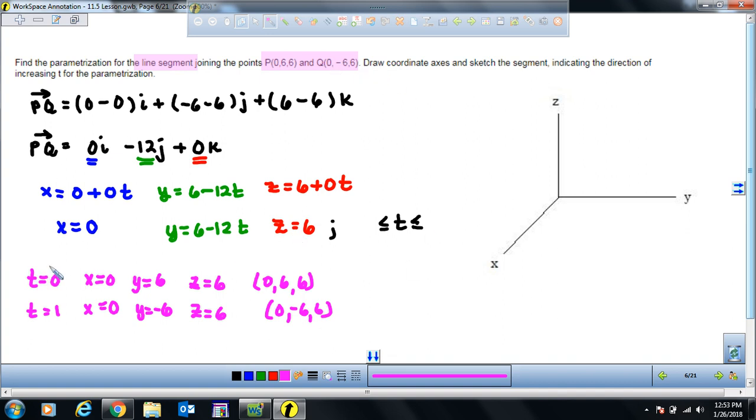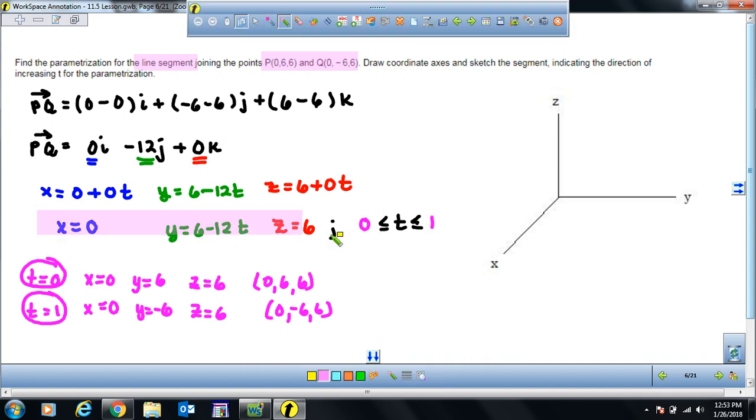That means the values of the parameter t that will make this line go from point P to point Q only would be any value of t from 0 all the way to 1. And these are my parametric equations, and those are the values of the parameter that will give me the line segment just from P to Q.